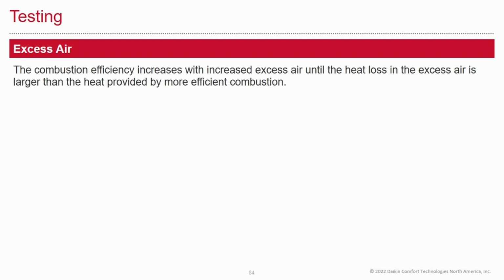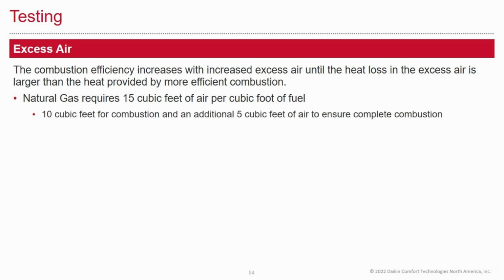Excess air. The combustion efficiency increases with increased excess air until the heat loss in the excess air is greater than the heat provided by more efficient combustion. Natural gas requires 15 cubic feet of air per cubic foot of fuel, 10 cubic feet for combustion, and an additional 5 cubic feet to ensure complete combustion.